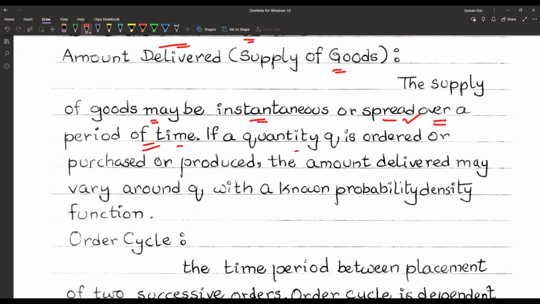Suppose we demand 100 items: the supplier may give us all 100 at once, or spread over, say, 6 months. If a quantity Q is ordered, purchased or produced, the amount delivered may vary around Q with a known probability density function.